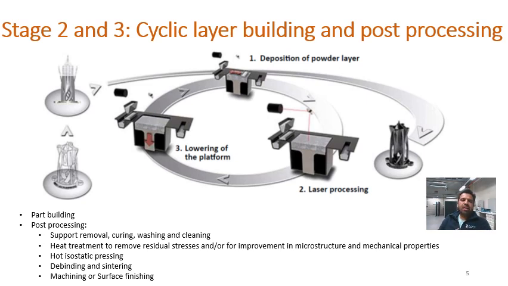For the metallic parts produced by selective laser melting or electron beam melting, you also need to do heat treatment to remove the residual stresses in the parts, or to modify the microstructure, which has influence on the mechanical properties. Hot isostatic pressing is also another kind of post processing applied to the metallic parts.